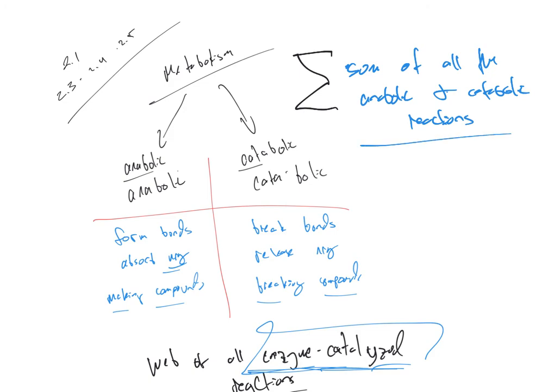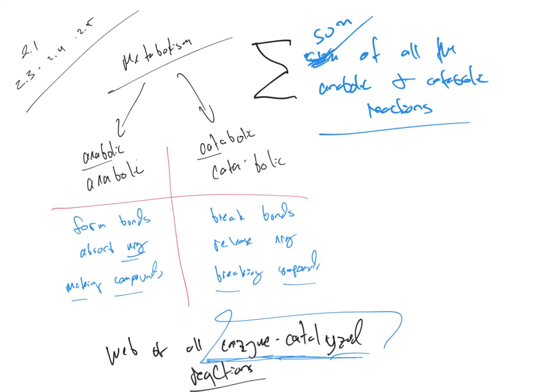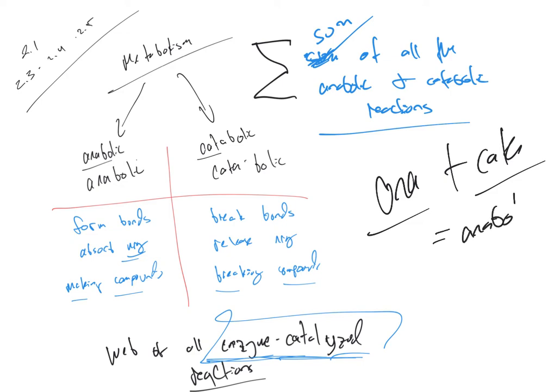This is how I remember metabolism: if you add up all the anabolic plus the catabolic, put them all together, you have either an anabolic reaction or a catabolic one.